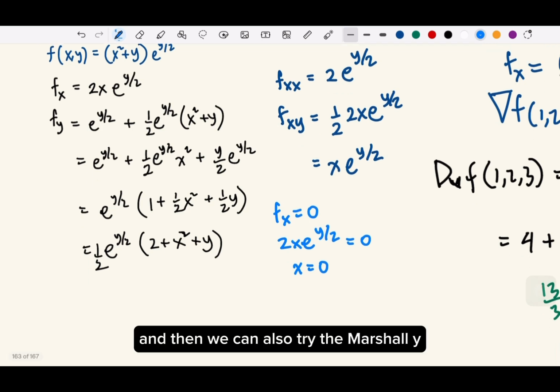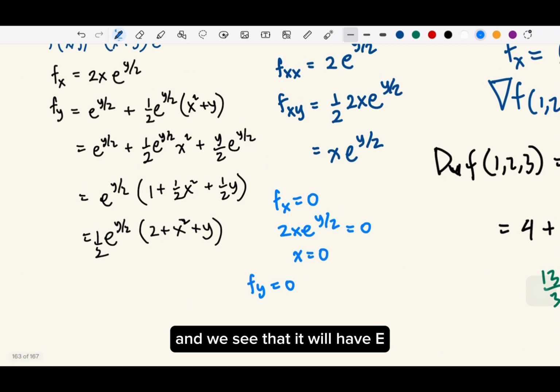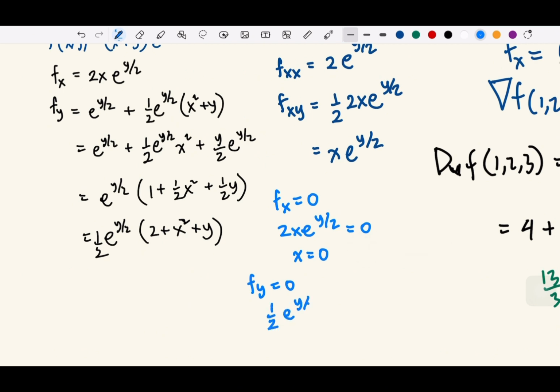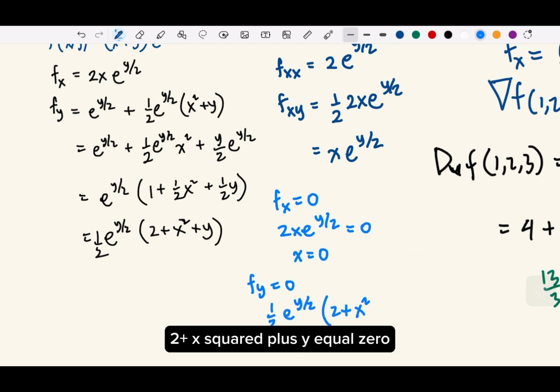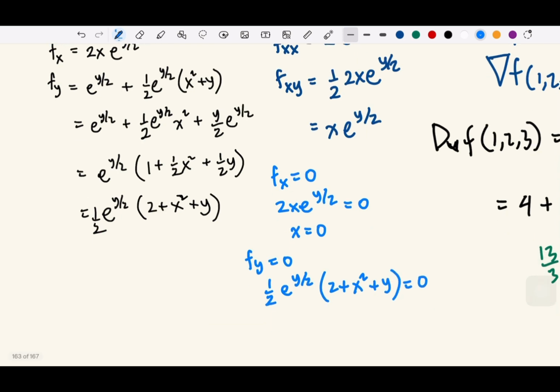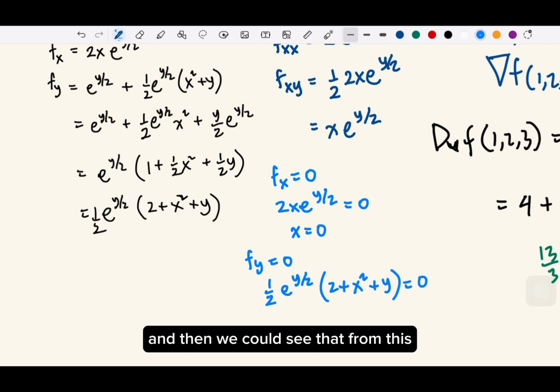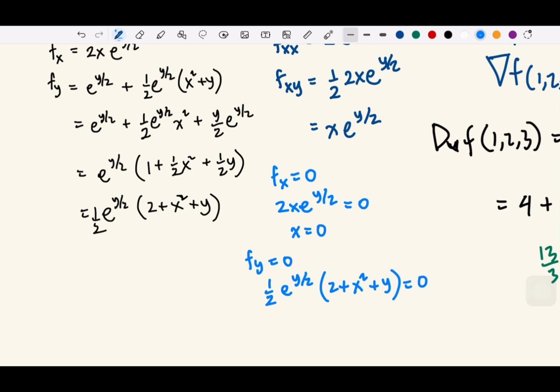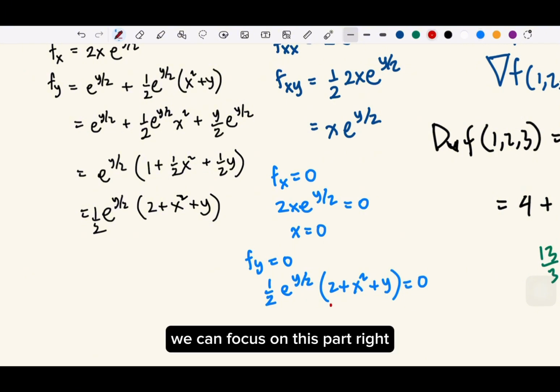And then we can also try partial y equals 0 to find another critical point. And we see that half e^(y/2) times (2 plus x squared plus y) equals 0. From this structure, we can focus on this part, right?